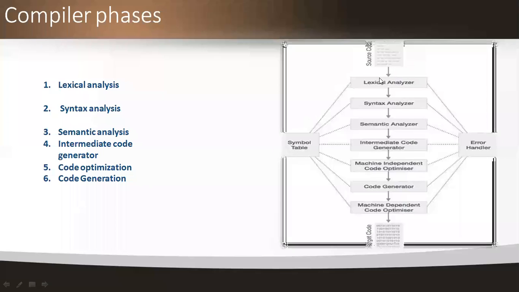See, the 6 phases are: lexical analyzer, syntax analyzer, semantic analyzer, intermediate code generator, machine independent code optimizer, then code generator, and finally the machine dependent code optimizer, and finally we are getting a target code.